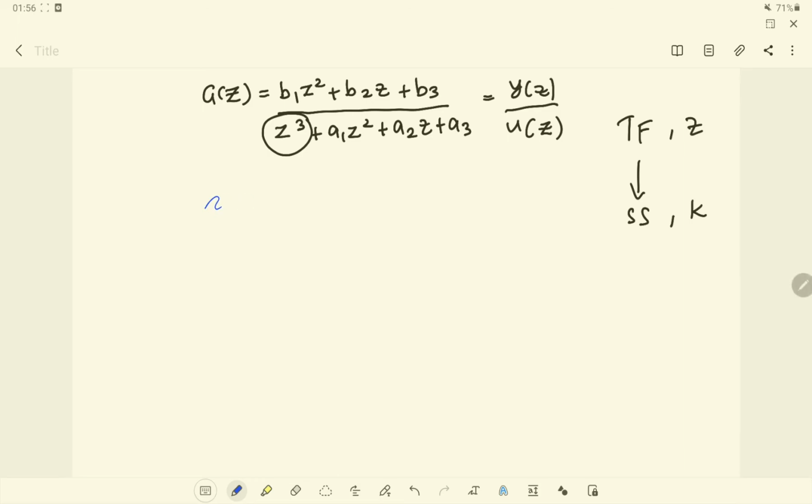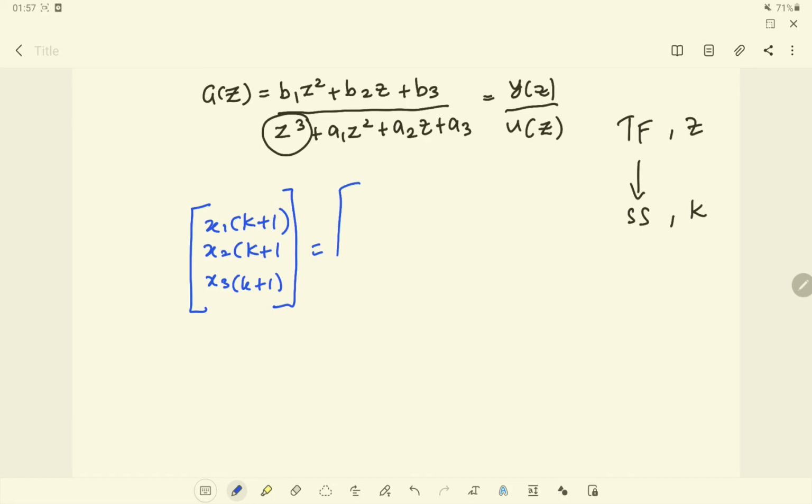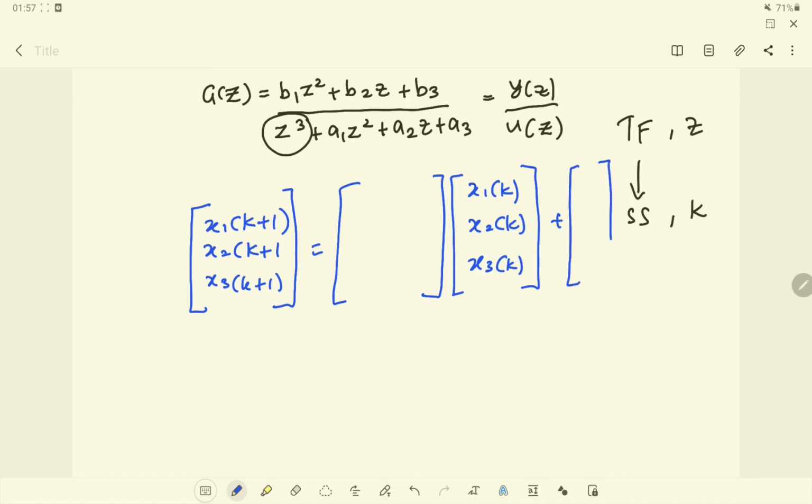So a third order system has x1 k plus 1, x2 k plus 1, and x3 k plus 1 equal to the matrix A times x1 k, x2 k, and x3 k, plus the matrix B times uk.